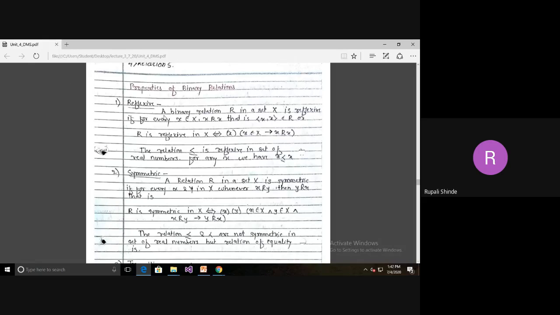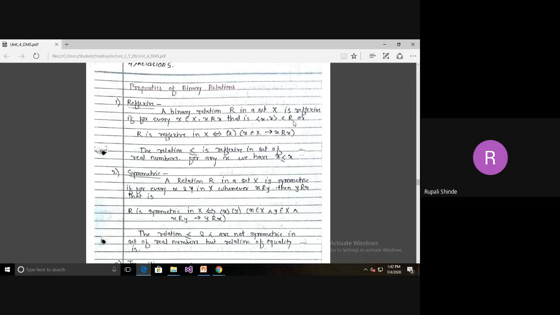The definition is given as: a binary relation R in set X is reflexive if for every x belonging to set X, x is in relation R with x, that is, the ordered pair x comma x belongs to R. So this is the definition of a reflexive relation.